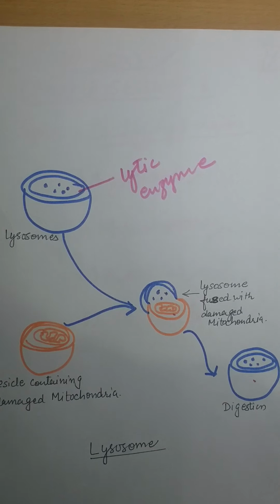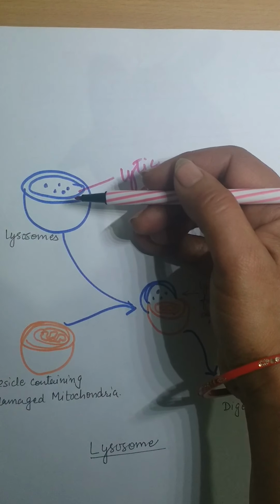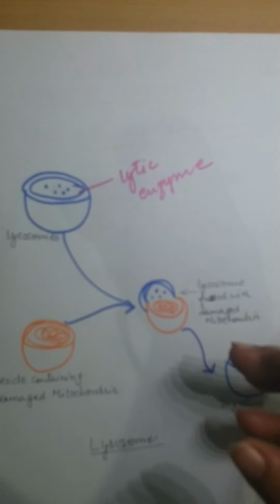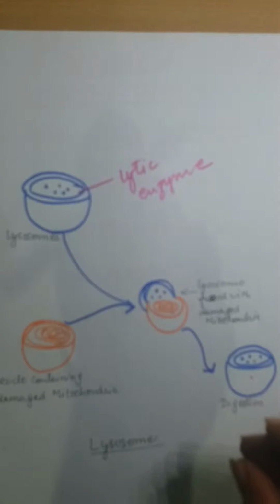Whenever a cell, during any case or because of any reason, disturbs its metabolism, the lysosome bursts, and see what happens. As the lysosome has very strong digestive juice, when the lysosome bursts, the digestive juice spreads over the cell and digests all the cell organelles within it.